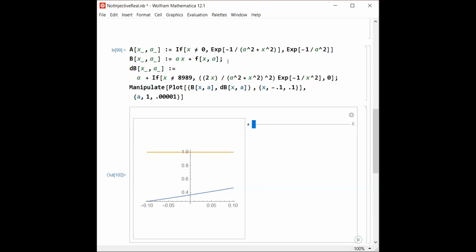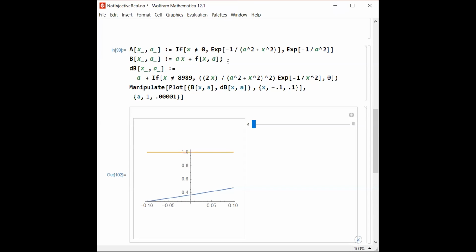At most 1. So I've got ax. So I would expect for a lot of values of x and a that the ax should drown out the f of x, a term. So does that seem reasonable that there's going to be a regime of a and x where the ax is going to beat the f of x, a?